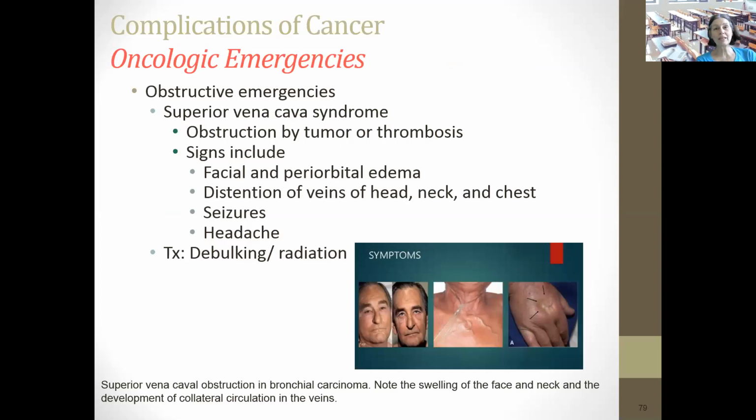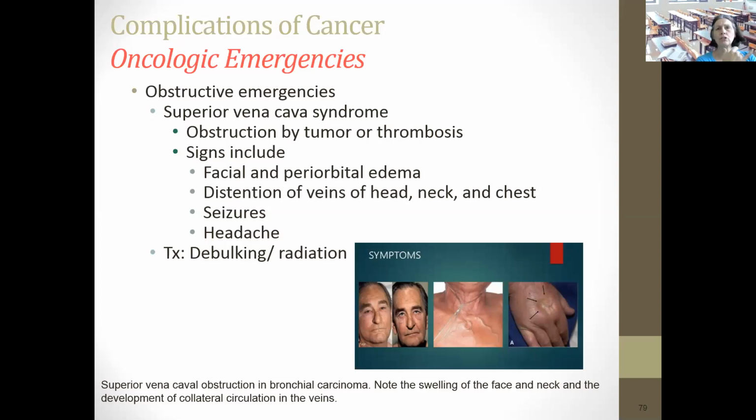One of the most common is superior vena cava syndrome. Patients have breast cancer, lung cancer, spinal tumors, things that are happening up in the upper body. The tumor grows and causes obstruction and or thrombus in your superior vena cava, and that causes a backup of blood. So you'll get distended superficial veins in the neck and the upper chest, facial and periorbital edema, and they might get headaches and seizures from the backflow of blood into their head and the increased intracranial pressure.